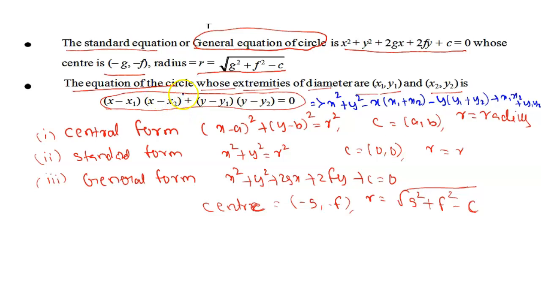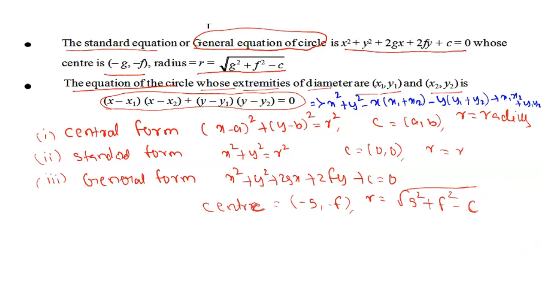So the equation of the circle with diameter extremities (x1, y1) and (x2, y2) is (x minus x1) into (x minus x2) plus (y minus y1) into (y minus y2) is equal to 0. Or this also can be written as x square plus y square minus x into (x1 plus x2) minus y into (y1 plus y2) plus x1 x2 plus y1 y2 is equal to 0.